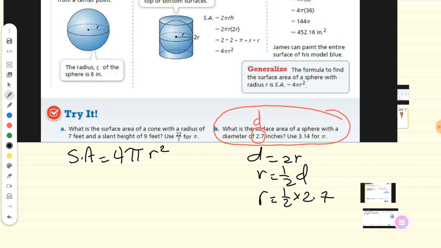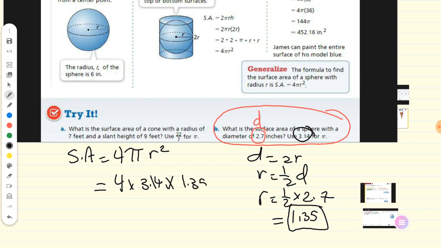It will be equal 1.35. This is r. By substitution, it's 4 multiplied by 3.14. He said to me to use 3.14. Multiplied by 1.35 to the power 2. Use your calculator, you will find the area.